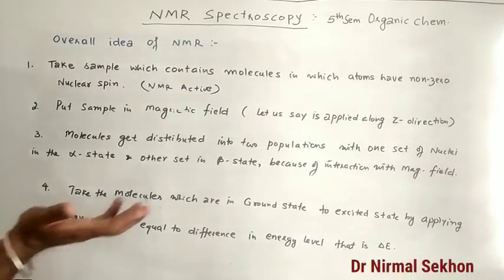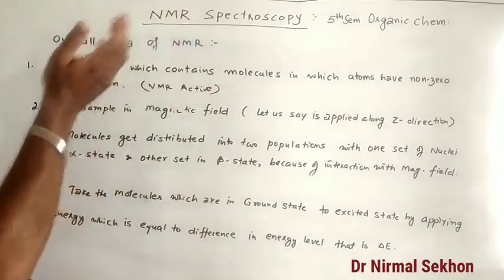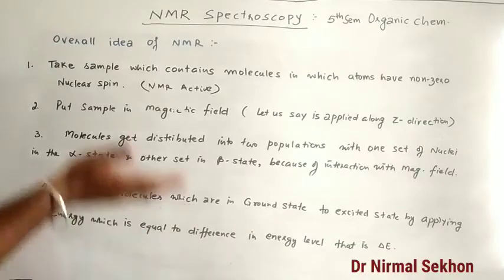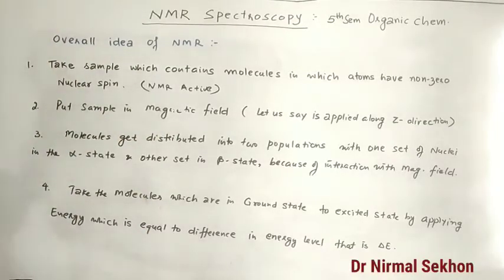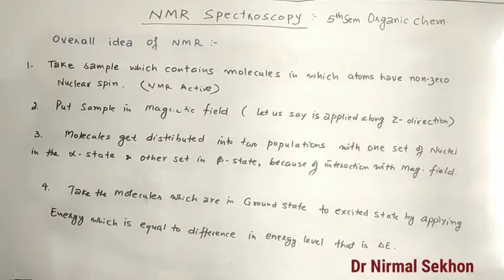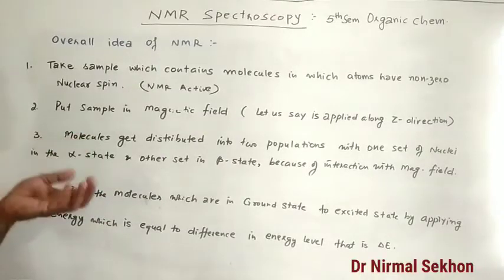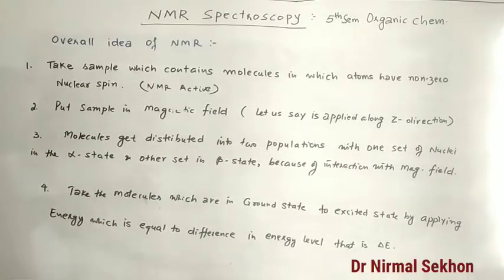Suppose in the alpha state there are 5 molecules and in the beta state there are 5 molecules, then there will be very limited chances that a molecule goes from alpha to beta. In general, according to the Boltzmann distribution law, the alpha state has more molecules compared to beta because alpha is more stable than beta. Even then, there must be a sufficient population difference between alpha and beta so that a sufficiently large amount of energy is absorbed and a clear signal appears in the spectrum.